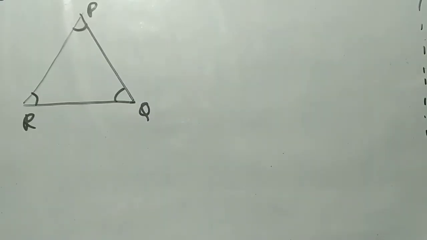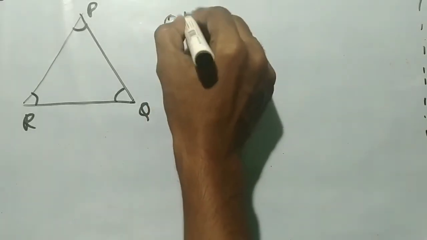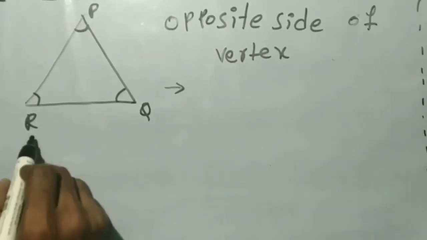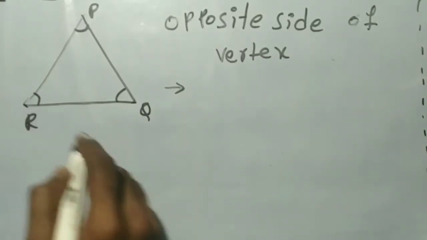Here we learn the opposite side of a vertex. Let us take R as the vertex.